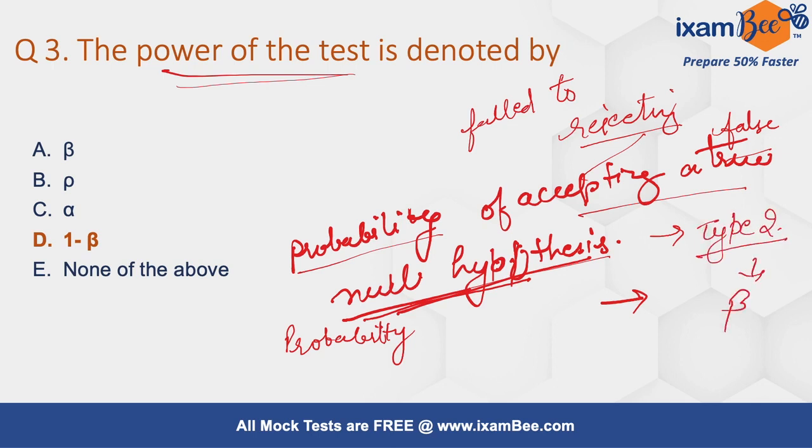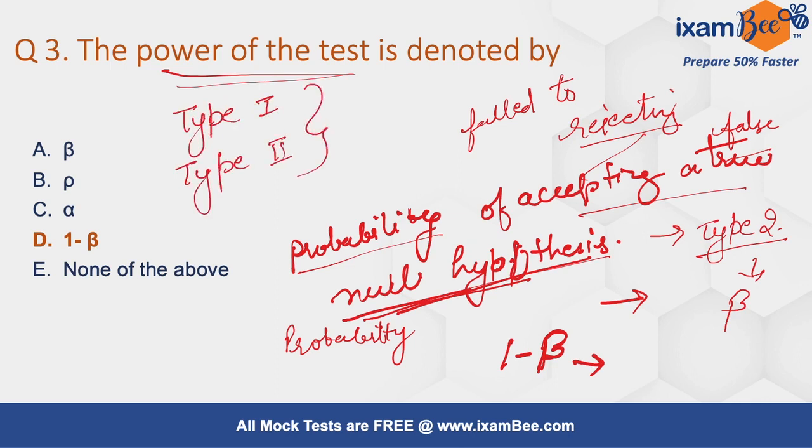So how do we denote the power of a test? That is, for accepting a true null hypothesis, it will be 1 minus beta. Here, among other questions, you should know what is type 1 error, what is type 2 error, and how you denote them. So these are the other things, and type 1 and type 2 errors are the most frequently asked questions for 1 mark. So you should prepare for this.